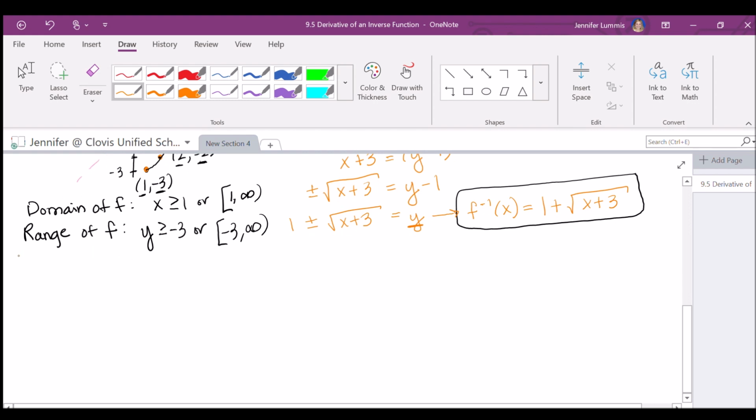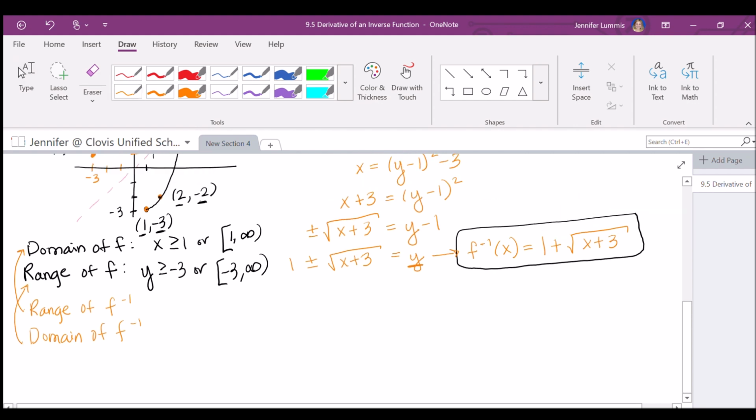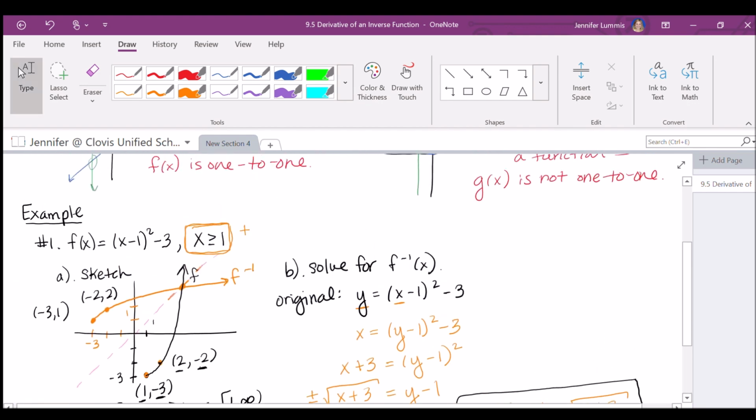and that is that the range of f inverse is the domain of f, and that the domain of f inverse is the range of f, because we just switched places with all the values. So when I was looking at the domain here, x has to be greater than or equal to 1.